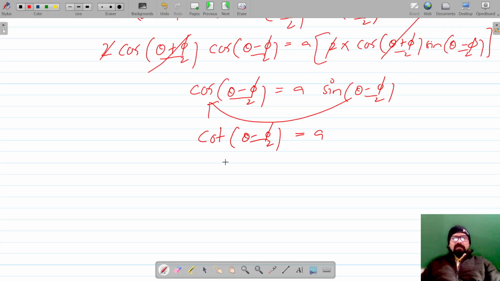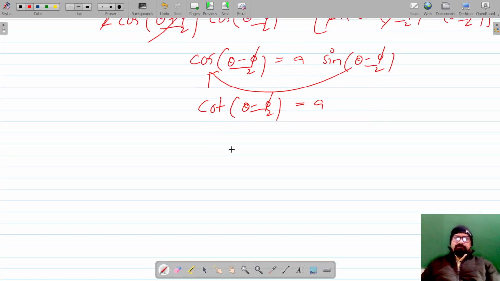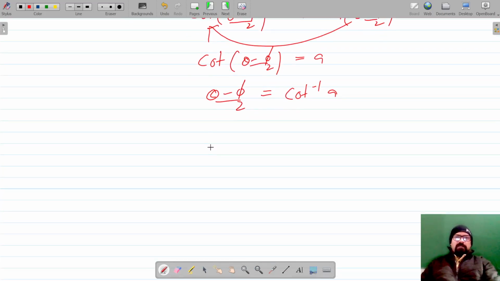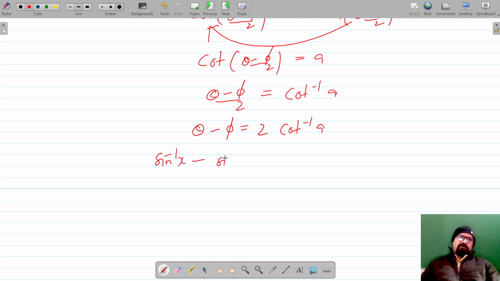All right, which gives me theta minus phi by 2 is equal to cot inverse a, and I can write theta minus phi is equal to 2 cot inverse a. Now let's replace the values: theta is sine inverse x, phi is sine inverse y.